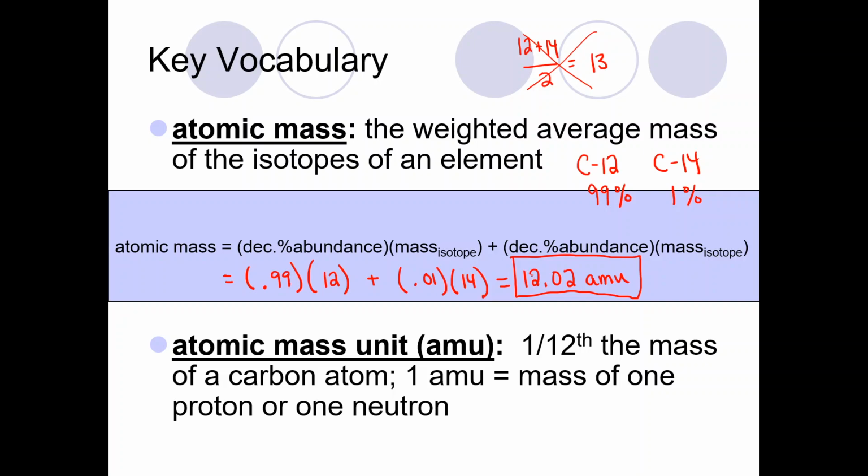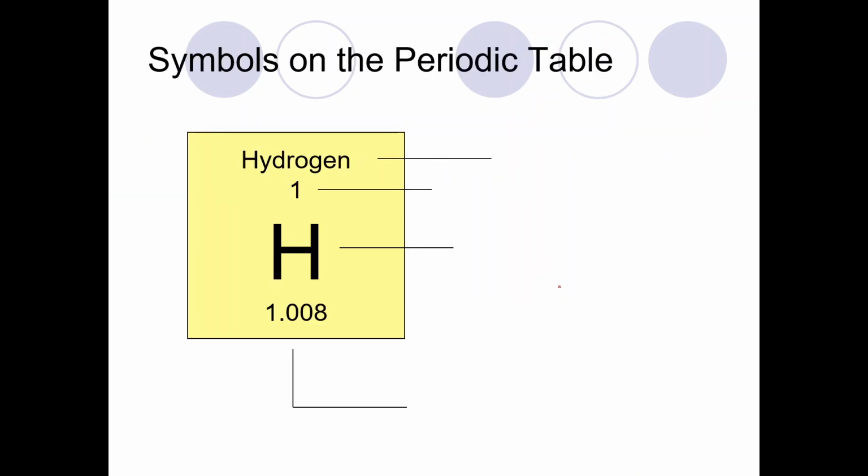Okay, let's take a look at some element symbols here. This is a standard symbol that you might find on your periodic table. Your periodic table is slightly different. Every periodic table is different. Always just go look at your legend. On this particular periodic table, obviously up at the top, we have our element name. This whole number that you see, remember, the only whole number you're going to find on there is your atomic number, which is your number of protons.